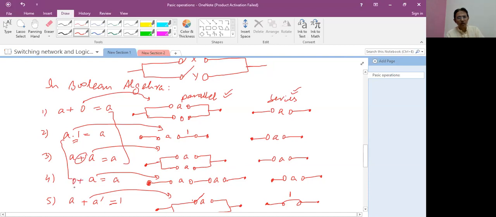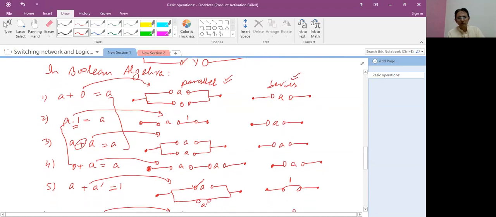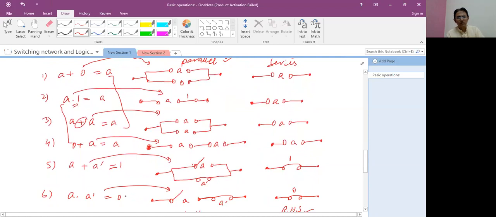Now the fourth law: A plus A complement is equal to 1. It means A and A complement are in parallel form, and the answer is 1.